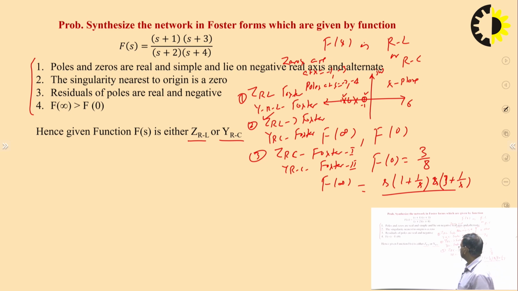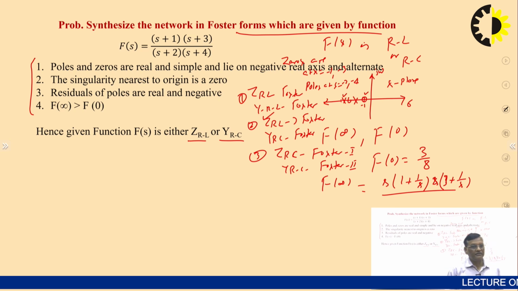Second set is Foster first of RL impedance and Foster second of RL admittance, and third set will be Foster first of RC impedance and Foster second of RC admittance. So if it is not written whether we are going for the RL impedance or RC impedance, this problem can be solved in three different ways, and all three figures are correct.